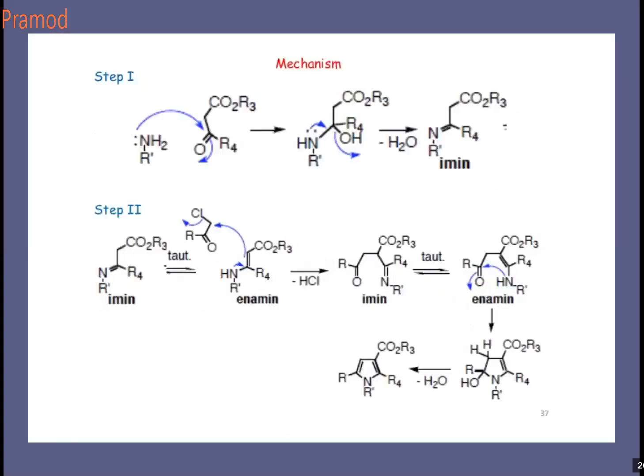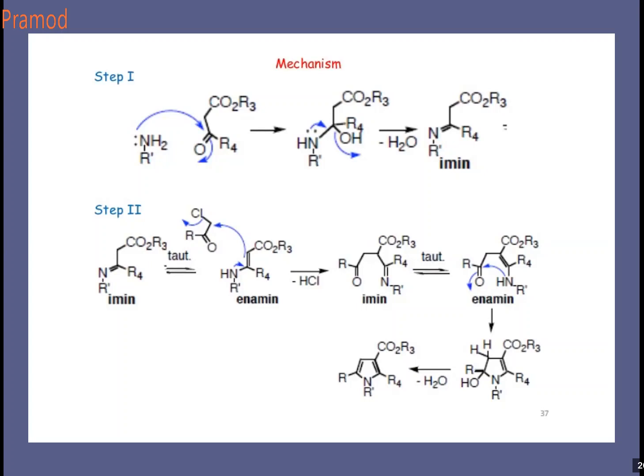So it's the same. The amine attacks the carbonyl, and a double bond imine is formed. That imine gets converted to the tautomer enamine, that is shifting of the bond, and this will attack your carbonyl compound.